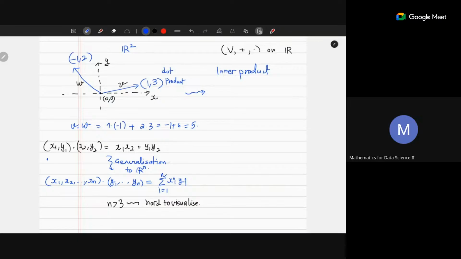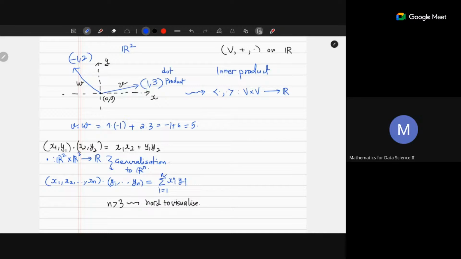So dot product was a map from V cross V to R. Similarly, inner product is also a map from V cross V to R. Sorry, in this case, it was R2 cross R2 to R, or in general, Rn cross Rn to R. Here it is a function from V cross V to R.